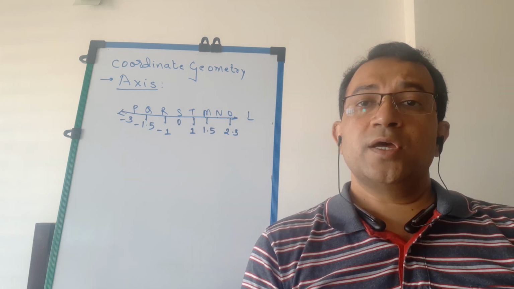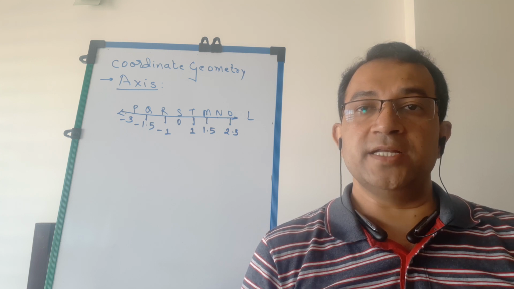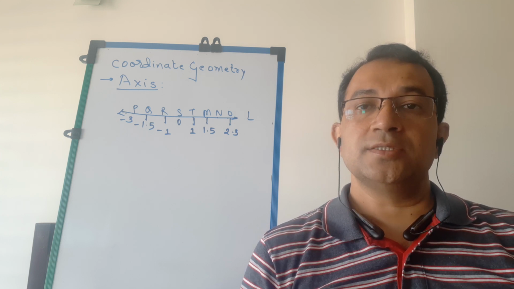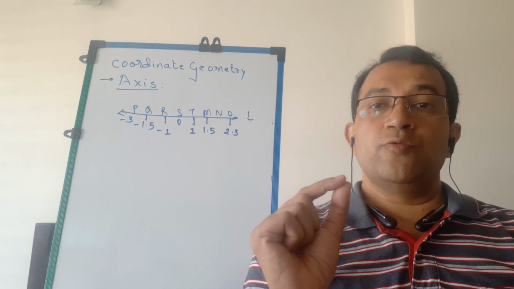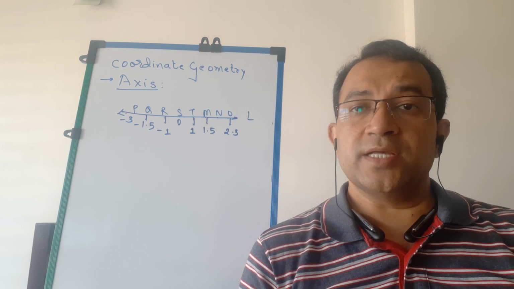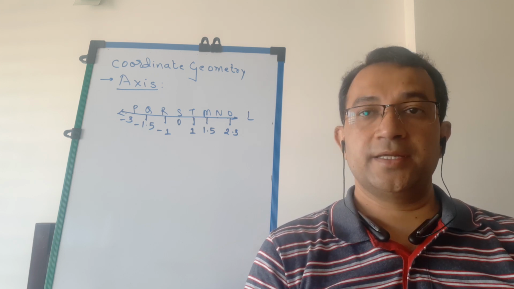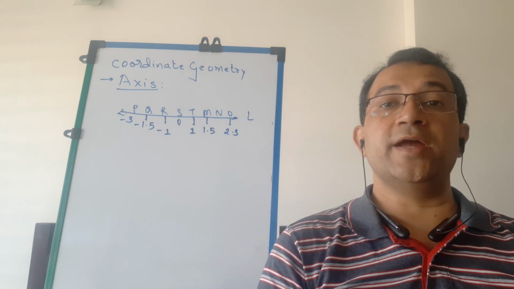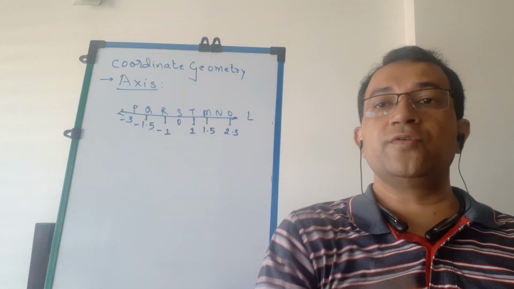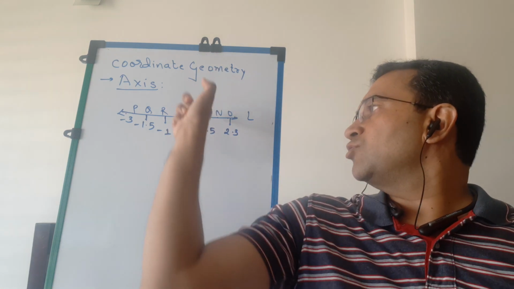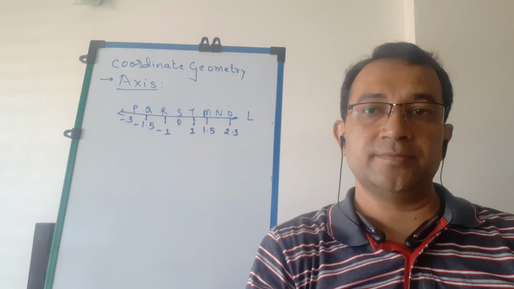Now students, all of you are familiar with the set of numbers. N is natural numbers, Z is integers, Q is rational, I is irrational and R is real numbers. So when a correspondence is established between points on a line and the set of real numbers R, then that line, students, is defined as an axis. Check here, I have taken a line. I have shown a few points and correspondingly I have shown the numbers associated. This is just a rough diagram, a number line.